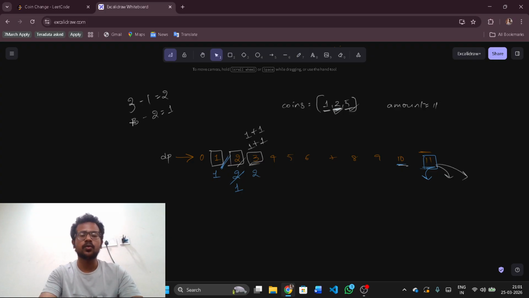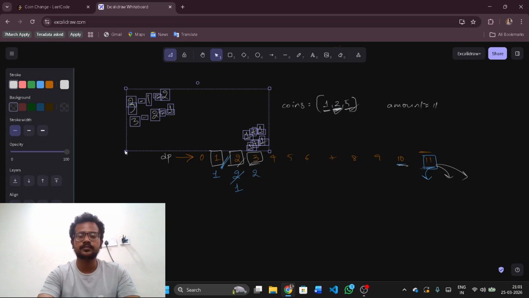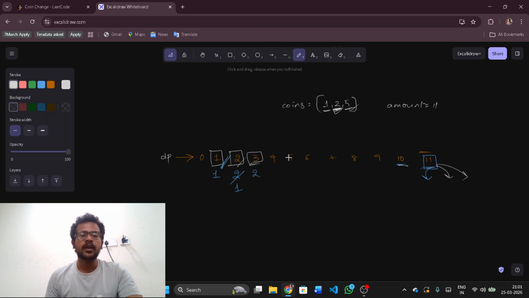Now let's go to 4. Here I'm taking coin number 1. 4 minus 1 will give us 3. To make 3, I need two coins. So 1 plus 2 is 3. I'm just taking that as the answer. Now what if I take 2?